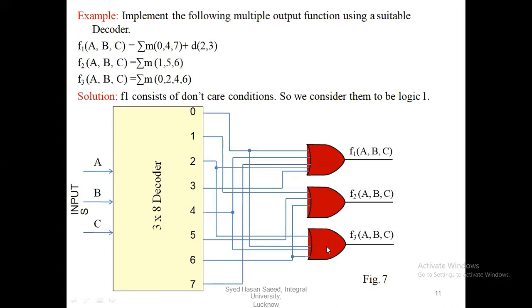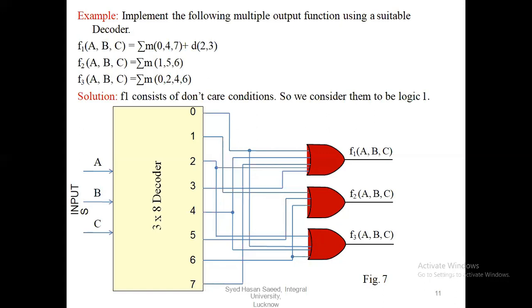And F3 is equal to 0, 2, 4, 6. That is 0, next 2, next 4 and next 6. So this way we construct the multiple output function using a suitable decoder.